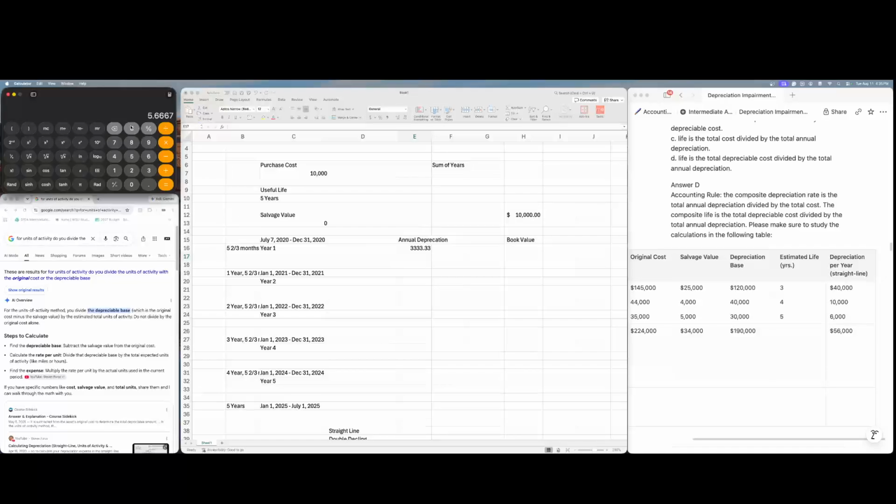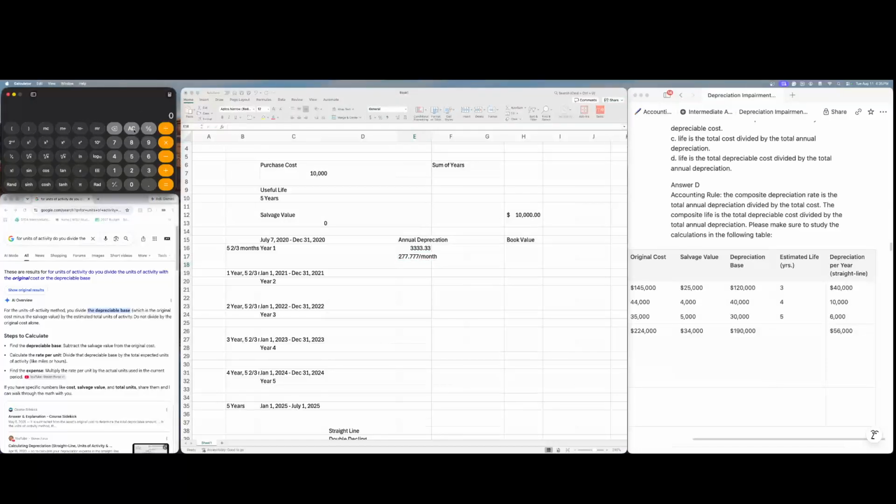So instead of it, let's say how much depreciation would you have per month? You would have $277.777 per month of depreciation.